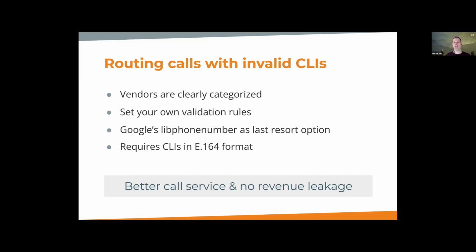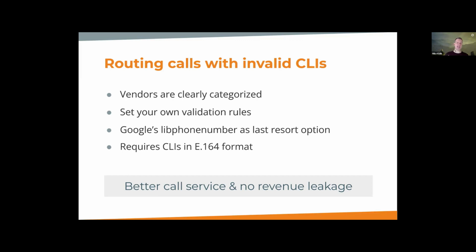And we've been trying to cover these new requirements of the market for quite a while. We introduced some new features which were mostly targeted for the North American market, but now we built what I believe is a better tool for validating CLIs and handling calls in a proper way.